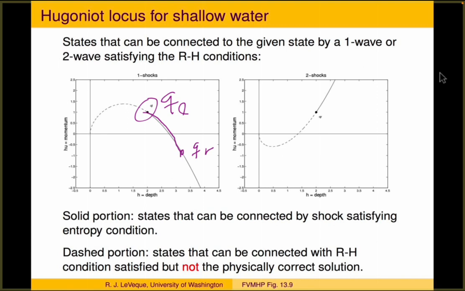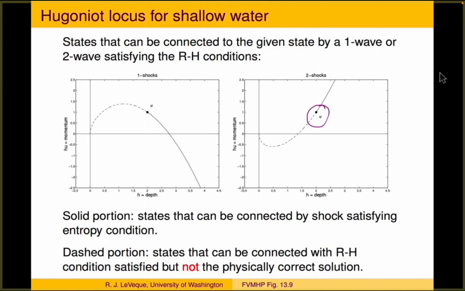Whereas if I chose a point over here on the dashed portion as my QR, then the characteristic speed would be increasing from QL to a point like this, and therefore it wouldn't satisfy the Lax entropy condition. So only along the solid portion of this curve do we have entropy-satisfying shock waves.